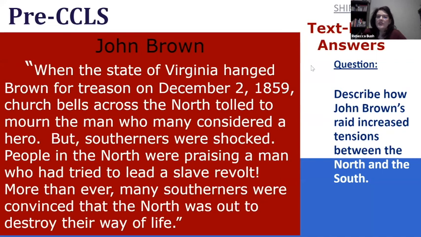But again, the question that students might be asked would be to describe how John Brown's raid increased tensions between the North and the South. It's really one-dimensional. And again, students can read, and from this excerpt, they probably are going to be able to get an idea by focusing on maybe a key phrase or word or sentence.